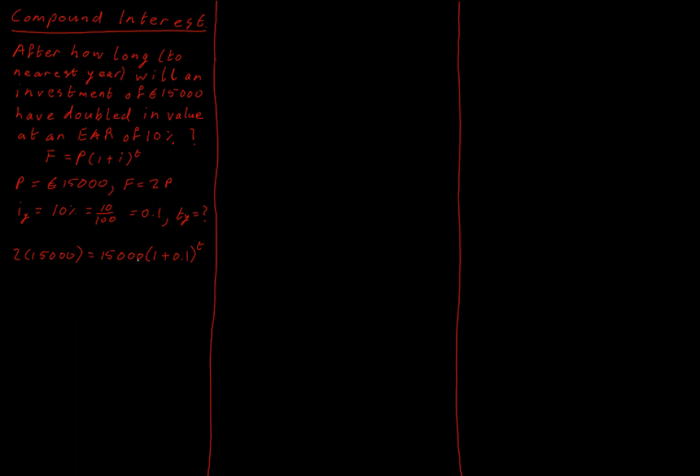So we recognize immediately, now that we've subbed into our formula, that we've got a problem where we have the variable, the thing we want, in the exponent. So we're effectively doing exponential equations now, and the rules and methods we know for exponential equations still work here. Now what I'm going to do is isolate my exponential, which means divide by 15,000 on both sides.